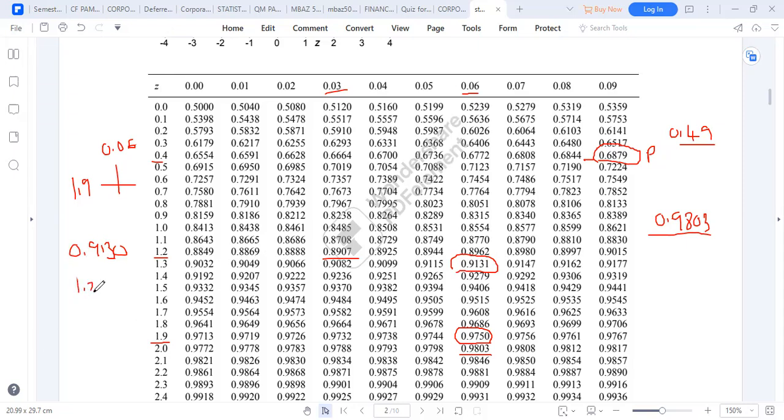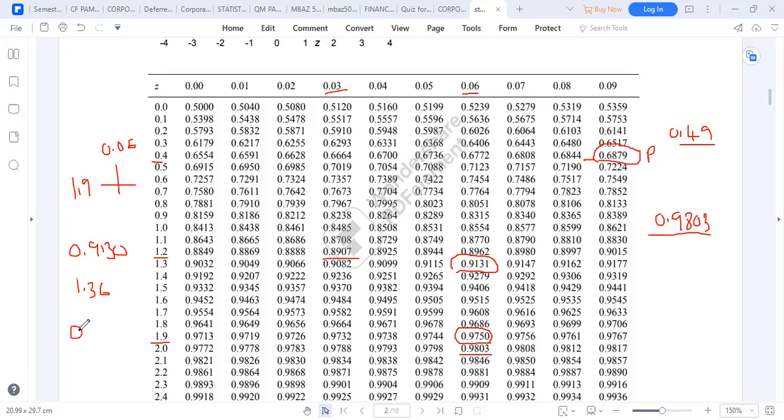Are you following? 1.36. Right together? So that is our Z.